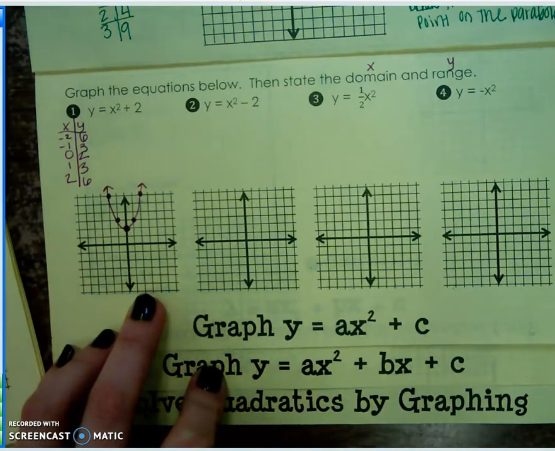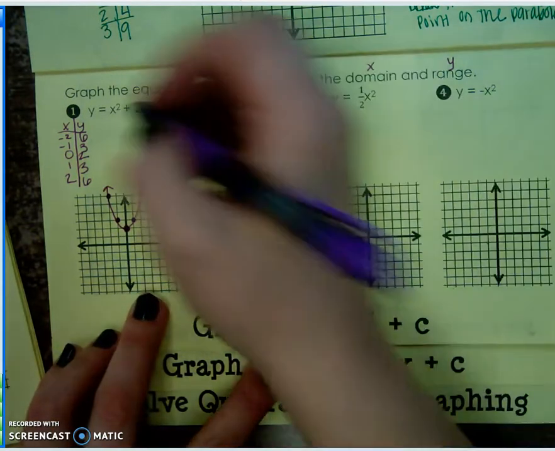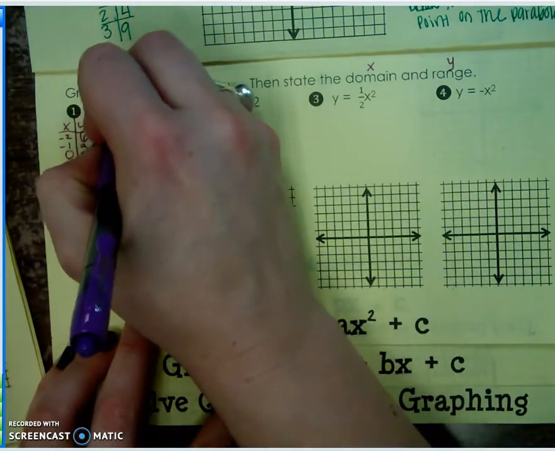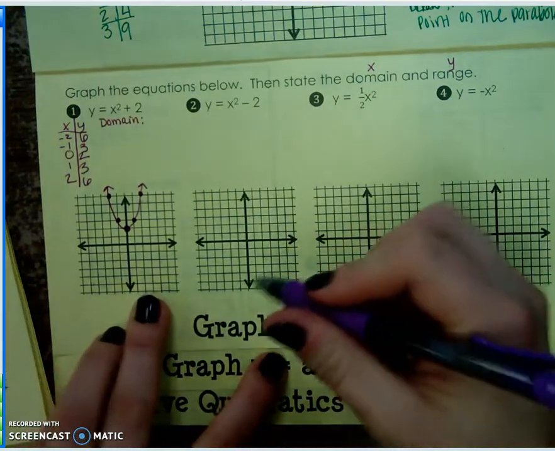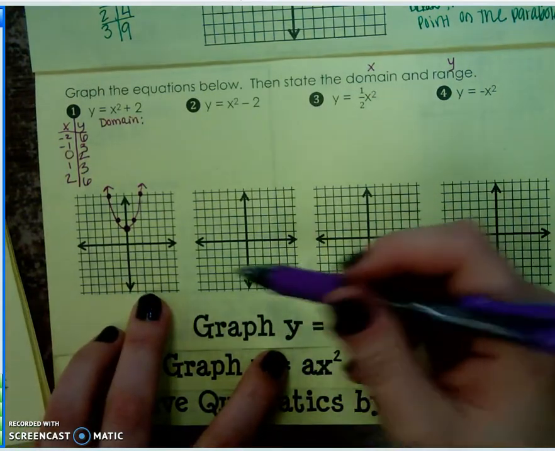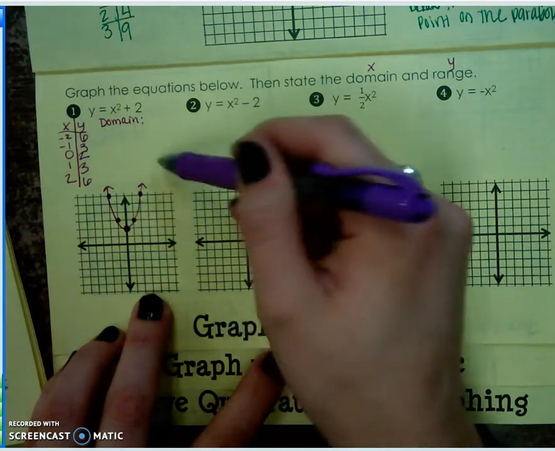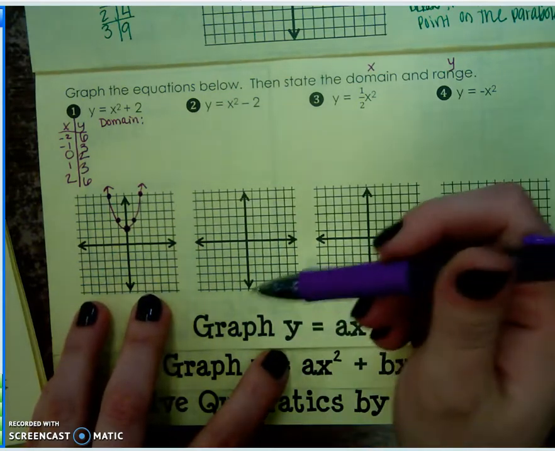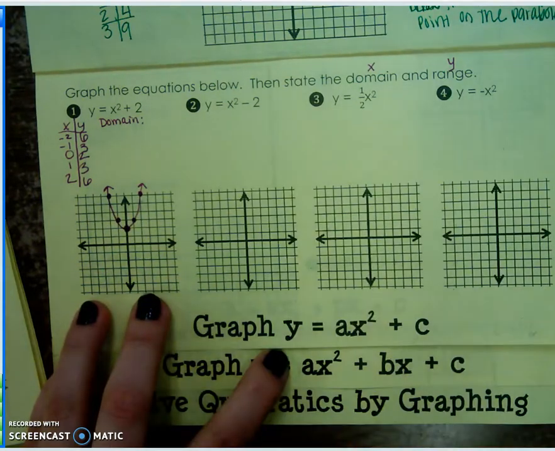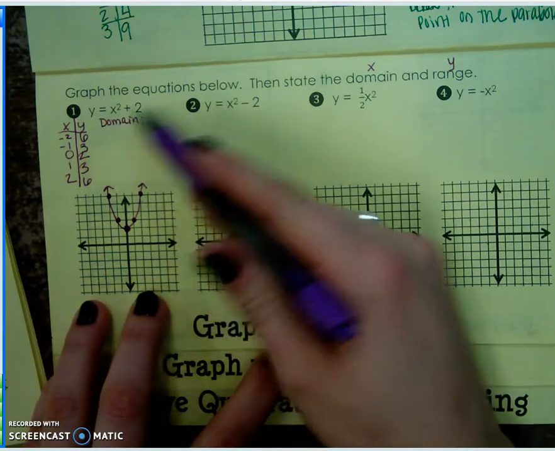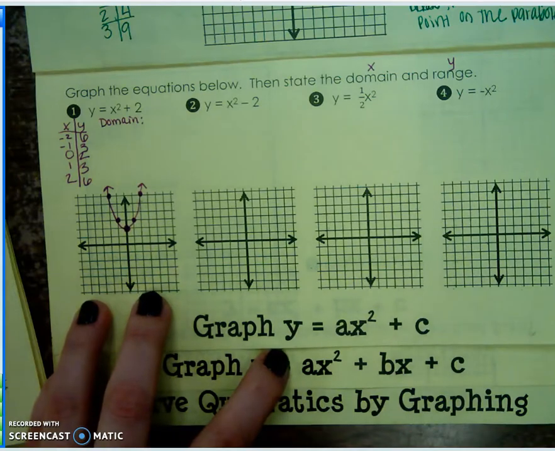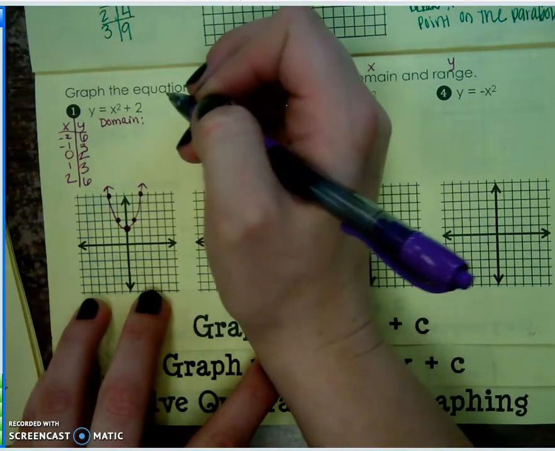There's my graph. All right, now the domain. Okay, so all of your x's. Everything is going to be considered a domain. All of your x's, you can put in any real number for x to make your quadratic function true.